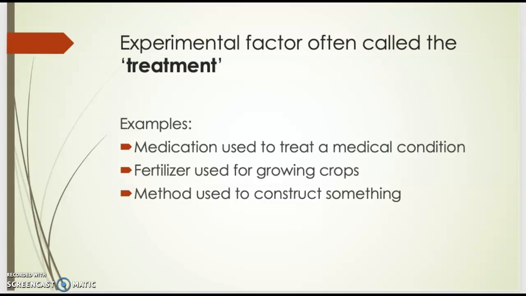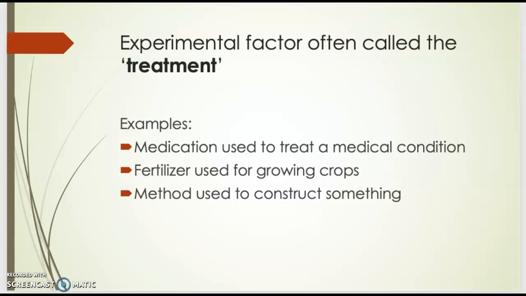When we're talking about medication that is used to treat a medical condition, that is a factor. We can give two groups of people two different medications, and we can see how the condition improves or gets worse. We control the medication that we give them, and then we see the response to that.